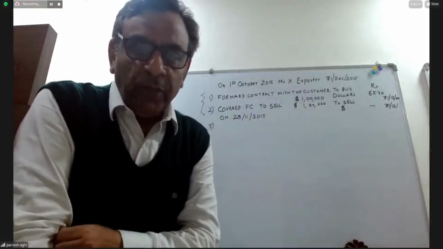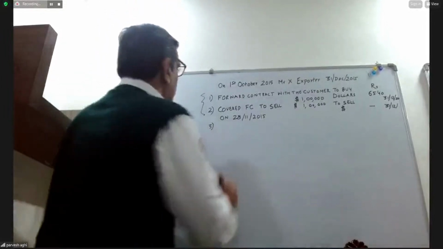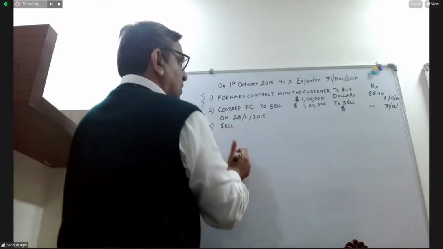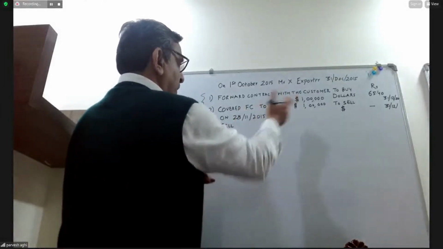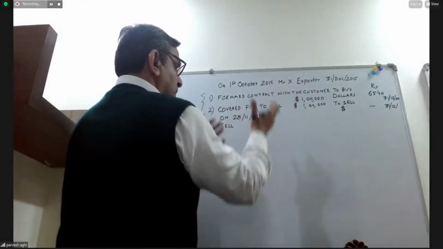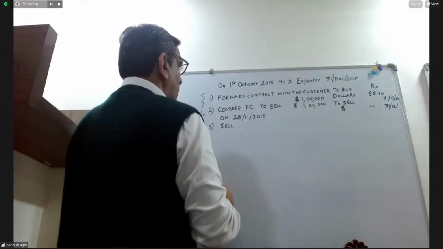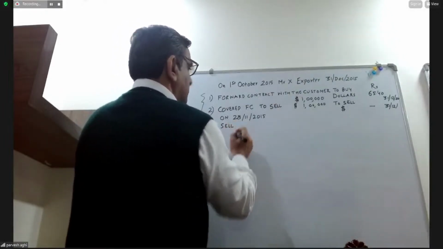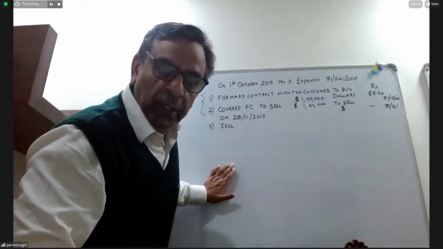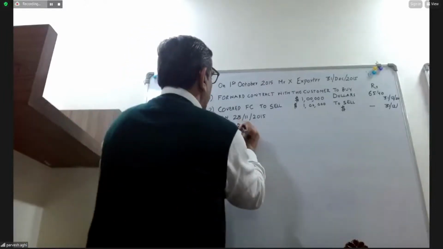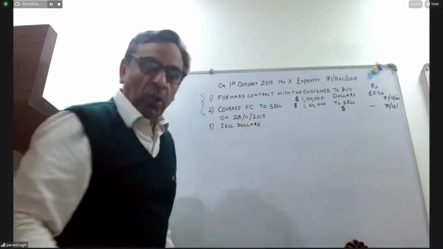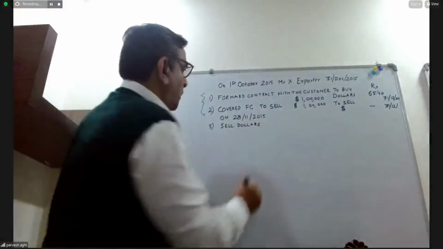So you went to the bank and said that you're going to receive the money on the 28th of November 2015. So now they're going to sell the dollars, since the bank has got the dollars from the customer, who is sending the dollars from abroad. So the bank is going to sell these dollars at the spot rate.